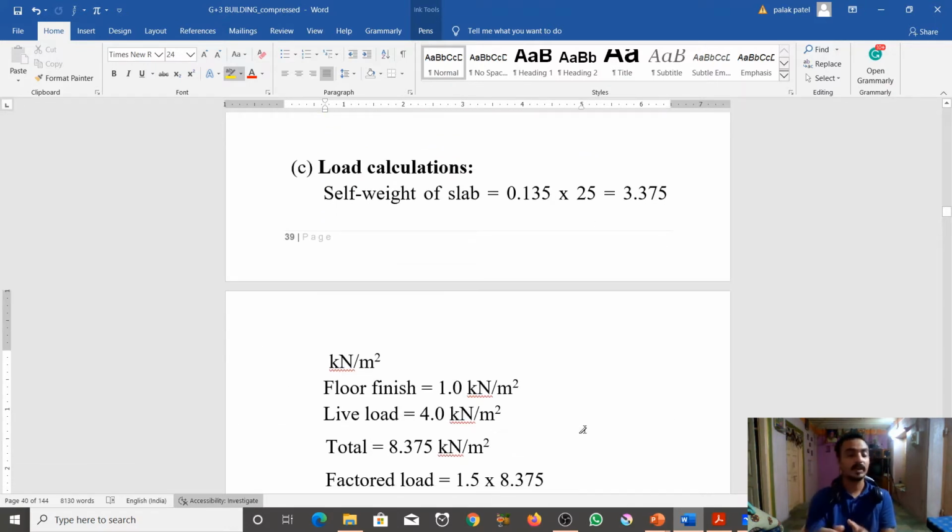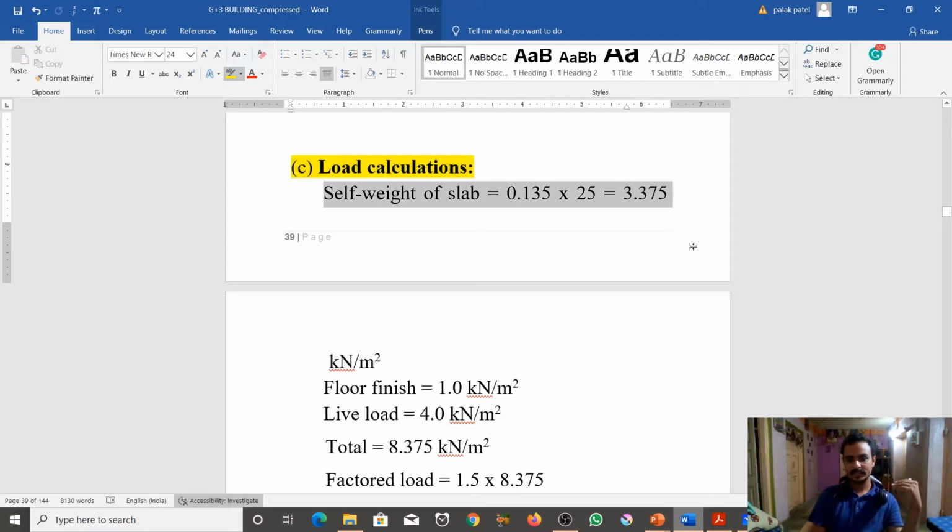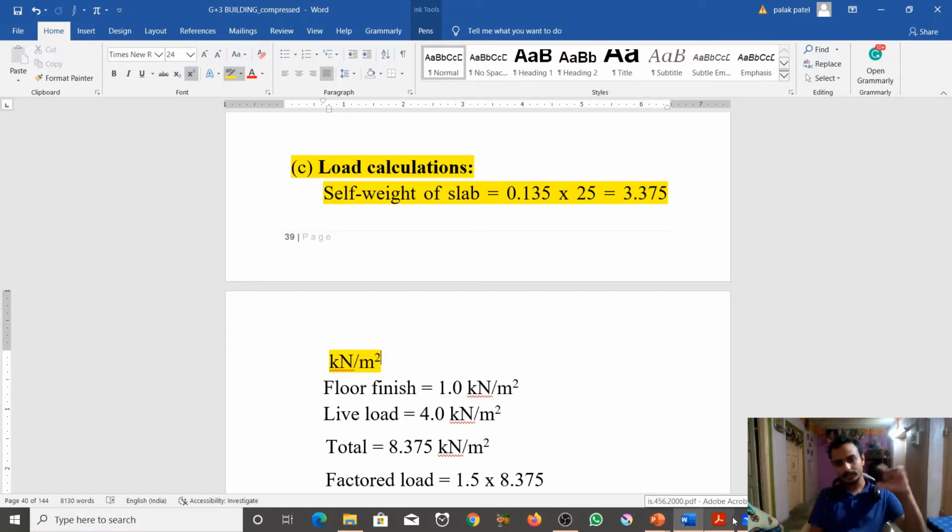Now we have the effective span and effective depth. We can do the load calculation. First we have to find the self weight of slab. We assume a 1 meter strip, the same condition as for the one-way slab, and we use it for the two-way slab.